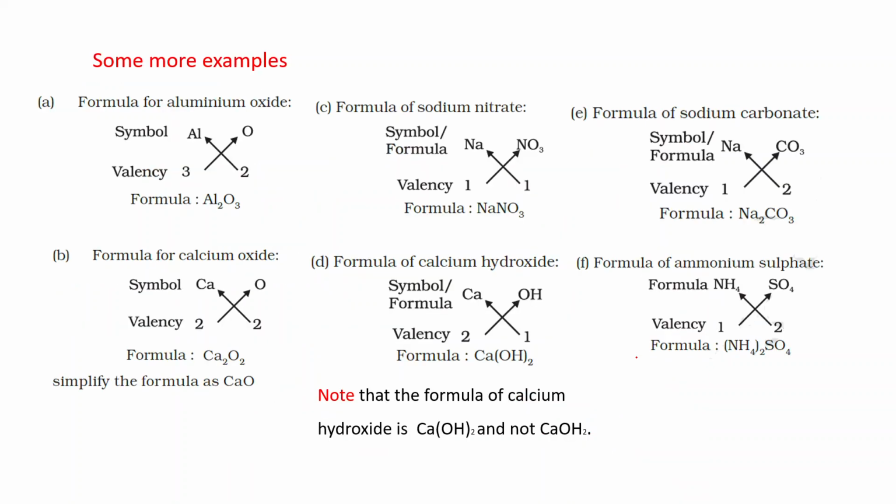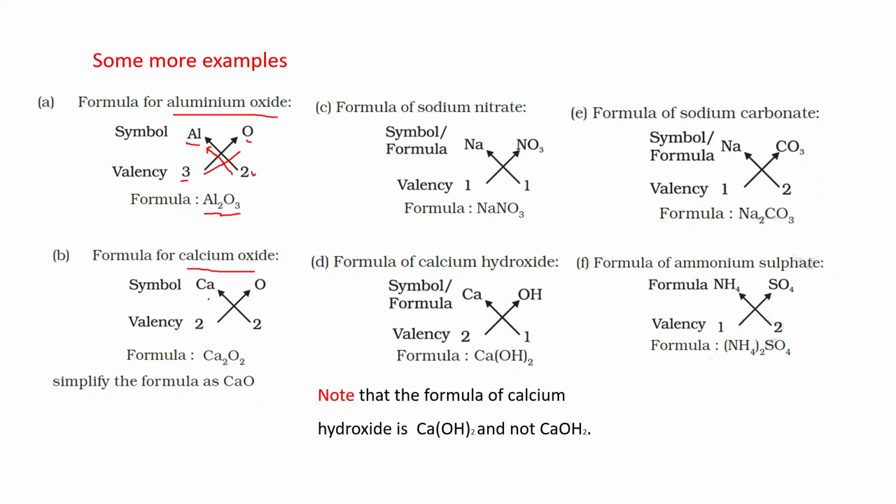Some more examples. Formula of aluminium oxide. Aluminium Al, valency is 3, oxide O, valency is 2. Now interchange, this goes here and this goes here. So aluminium comes 2 times, that's why Al2, and oxide O comes 3 times, Al2O3.